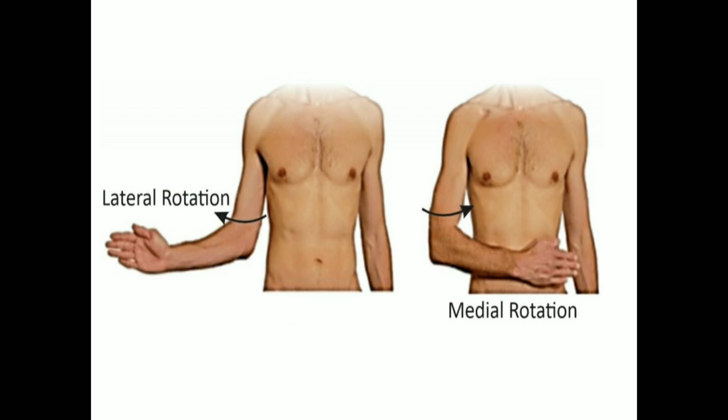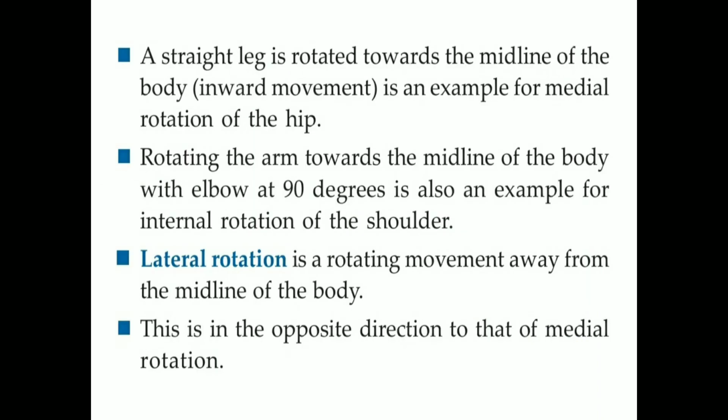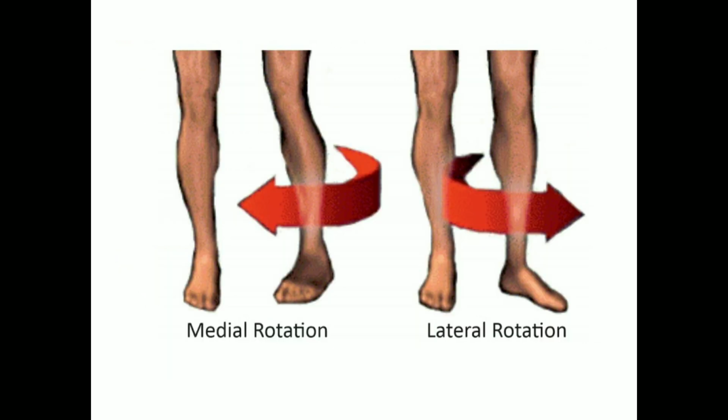Here you can see that. So bringing it towards the body is medial rotation, internal rotation. This rotation is taking place at the shoulder. Then a straight leg rotated towards the midline of the body, inward movement, is an example of medial rotation of the hip.